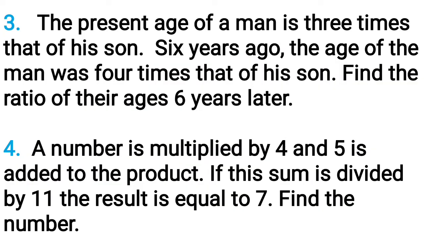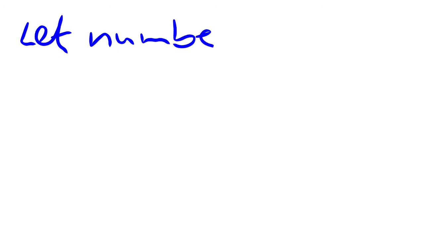Next, fourth question: a number is multiplied by 4 and 5 is added to the product. If the sum is divided by 11, the result is equal to 7. Find the number. See, let the required number be x.